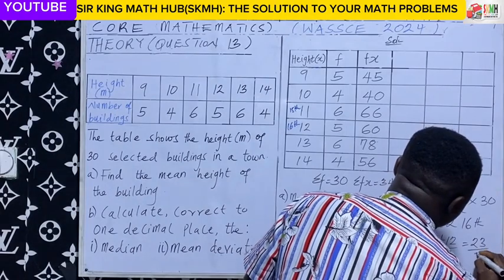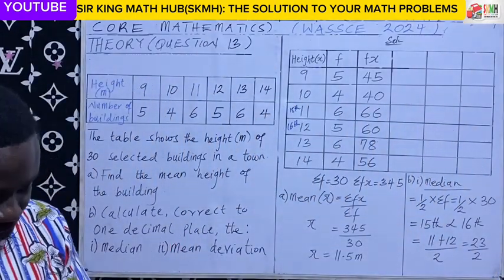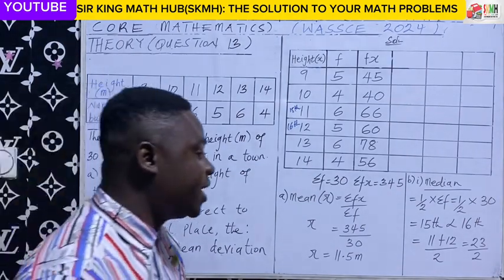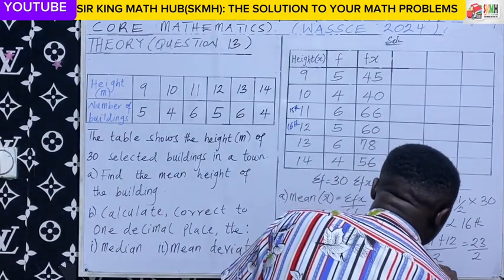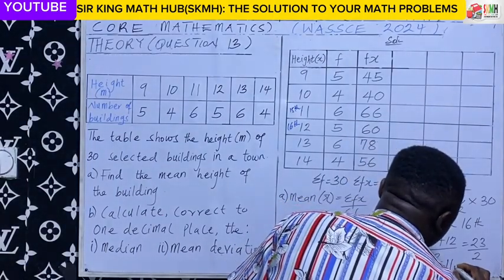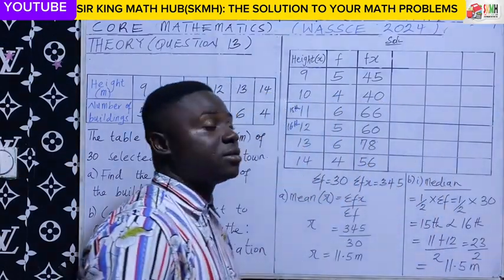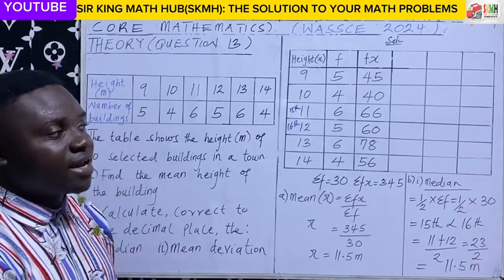So 23 divided by 2. This should give us 11.5 meters. So that is the median height, 11.5 meters.